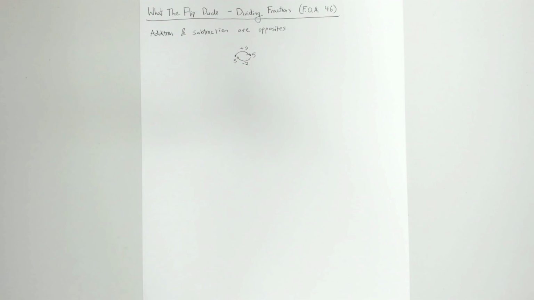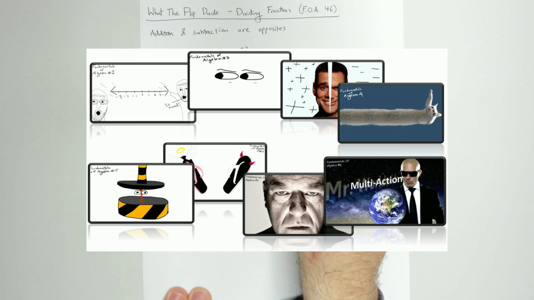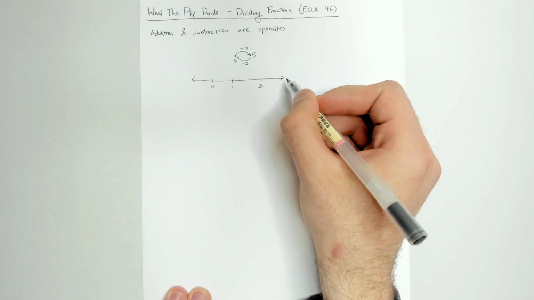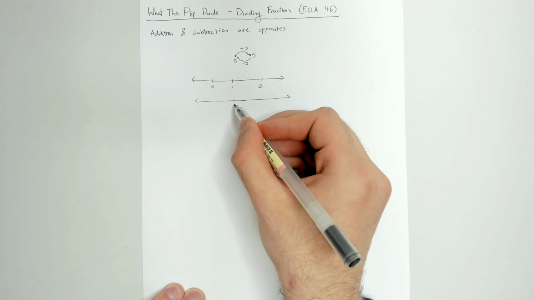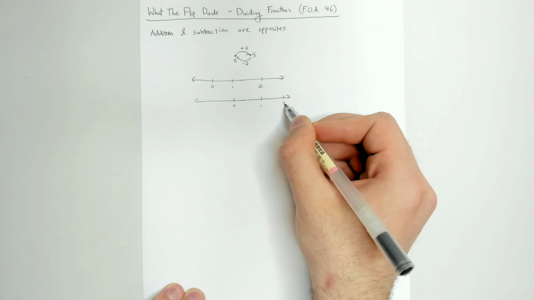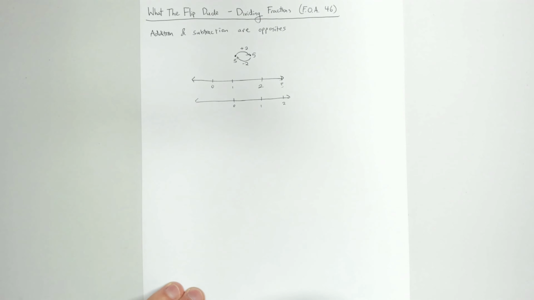And another way we saw that this worked was with number line shifting. So this goes way back to the first episodes of the Fundamentals of Algebra series. But we saw that one thing we could do is we could take a copy of the number line and slide it over. And if we slid it to the right, that corresponded with addition, right? 0 lines up with 1, 1 lines up with 2, 2 lines up with 3, and so on.